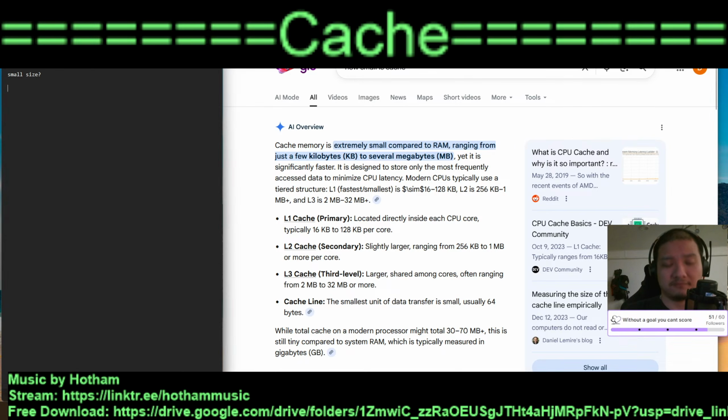Here we have one cache. So two cache. 16 kilobyte to 128 kilobyte. 256 kilobyte. 1 megabyte.